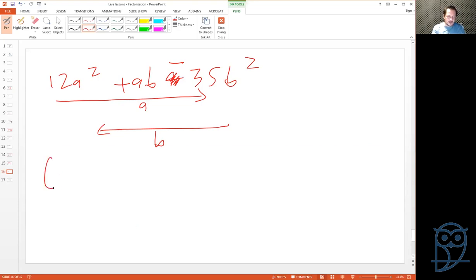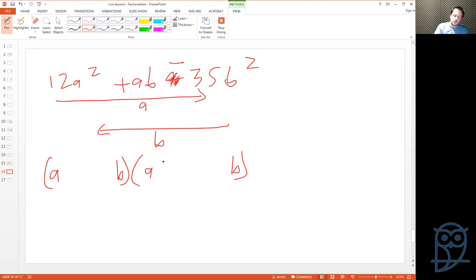So we are going to end up with 2 brackets, with an AA, a BB, and no AA is no reference to me. And then we're going to have our signs in the middle, 1 plus 1 minus.